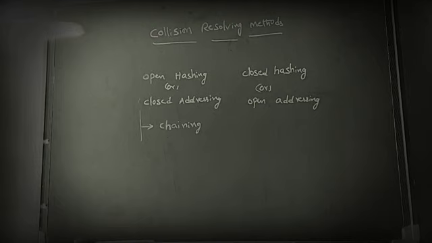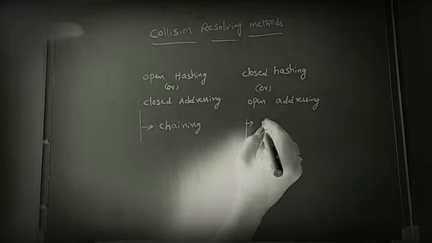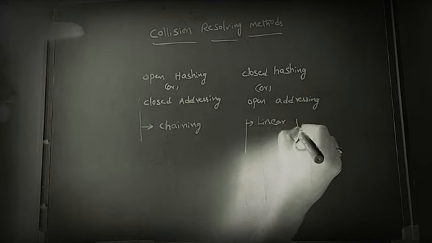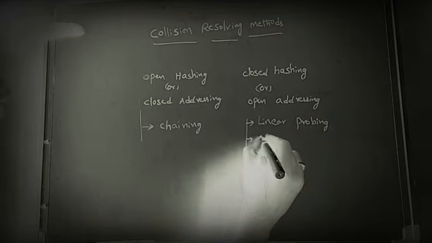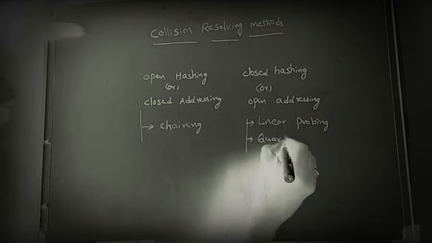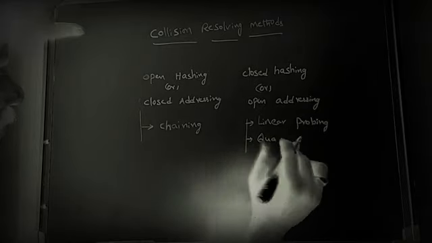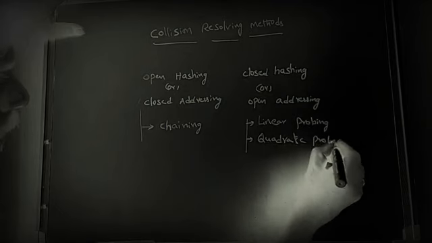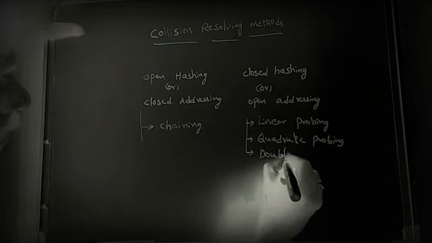Under closed hashing, or open addressing, the methods are linear probing, quadratic probing, and the last one, double hashing.